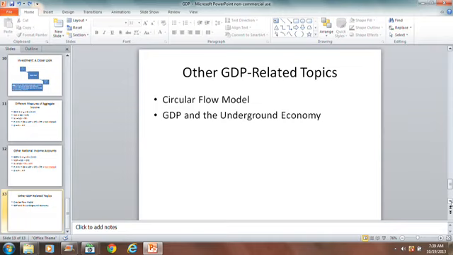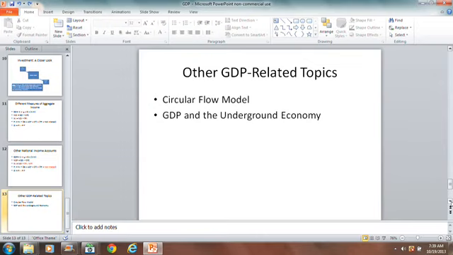When households, for example, have expenditures, it creates income for businesses. When businesses get income, they have to pay taxes to the government. It's an expenditure. And so the circular flow model is simply tracing the flow of income and expenditures between the different sectors of the economy.